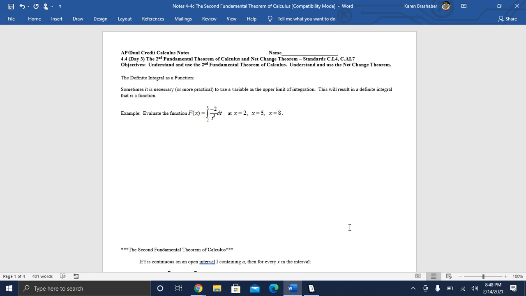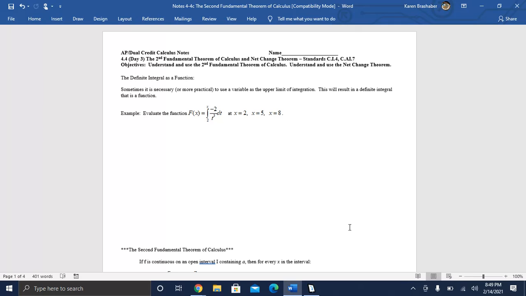This is our third in the Fundamental Theorem of Calculus series, and this is actually a lesson that will include the second fundamental theorem of calculus. I'm going to start off with an example though that shows you a way to use the definite integral as a function. So in other words, using the definite integral to create an equation that you can substitute values into the x.